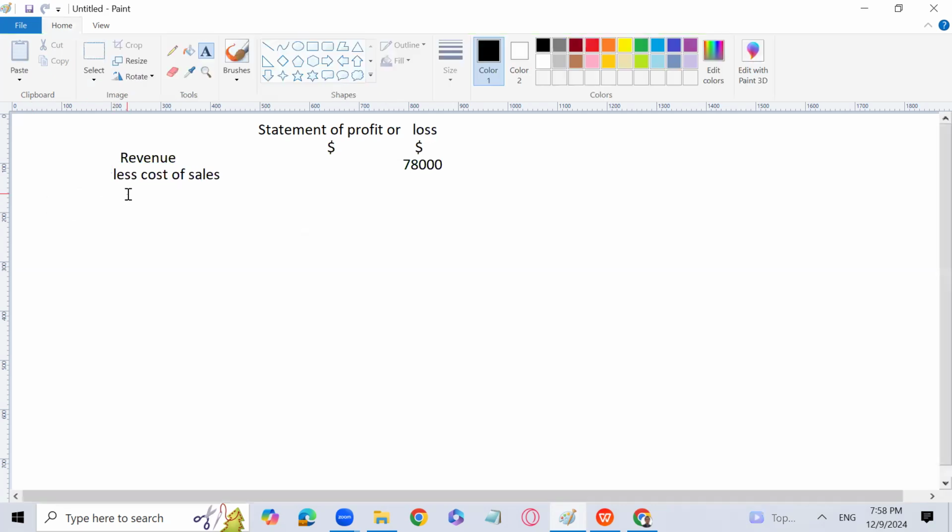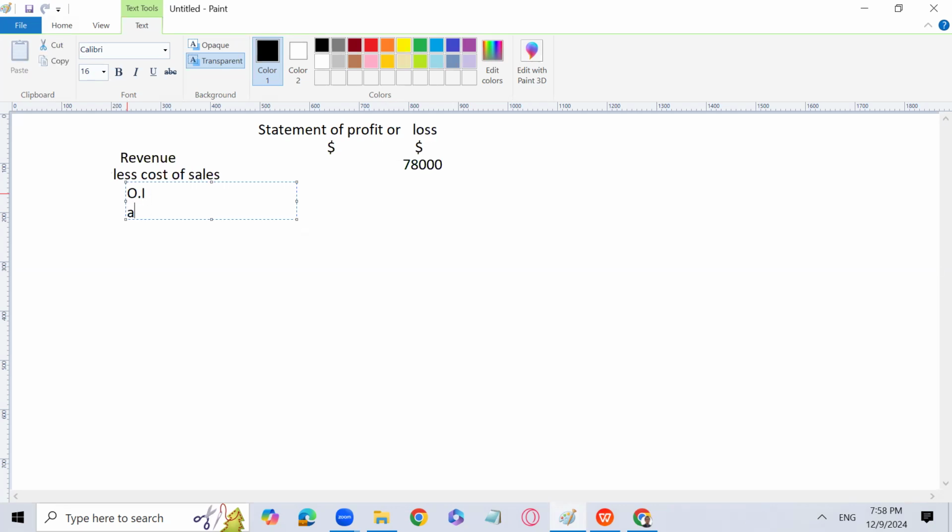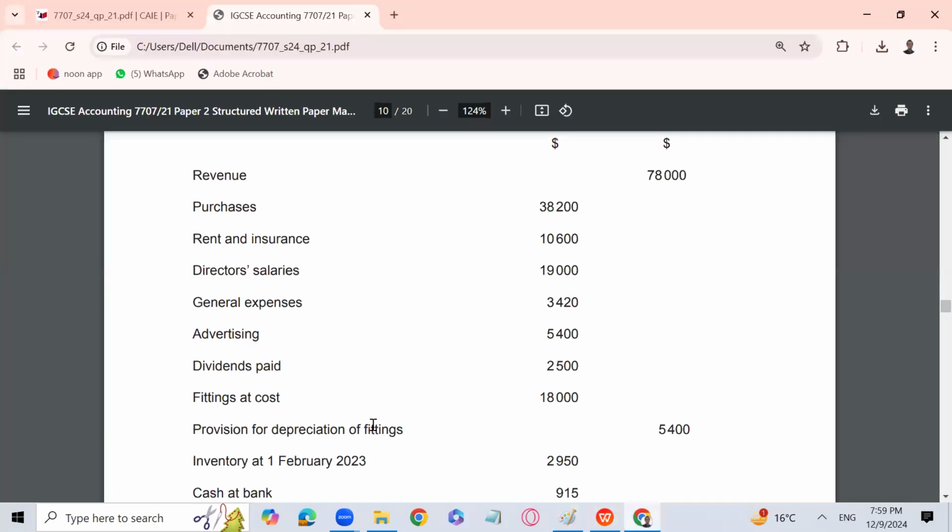So cost of sales includes opening inventory, add purchases, and less closing inventory. You need to write the full version of opening inventory and closing inventory, but I'm just taking the abbreviation. The opening inventory given in the question is 2950.